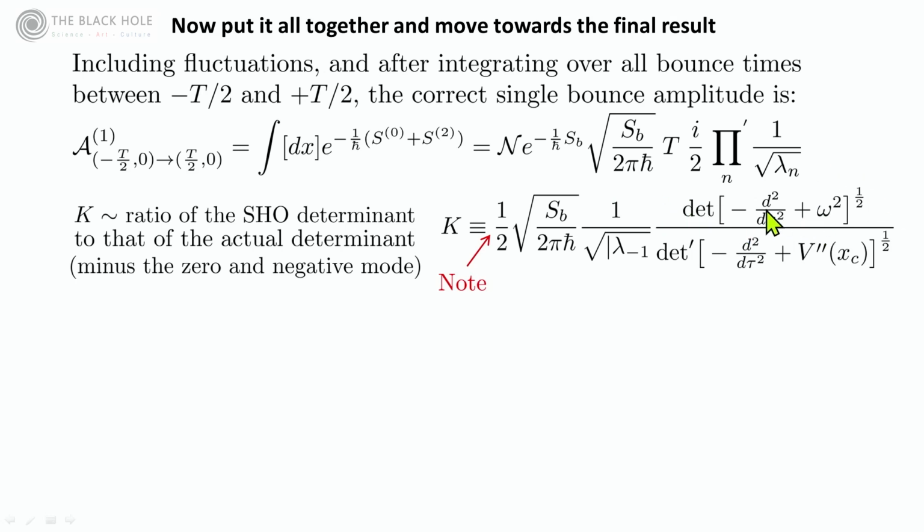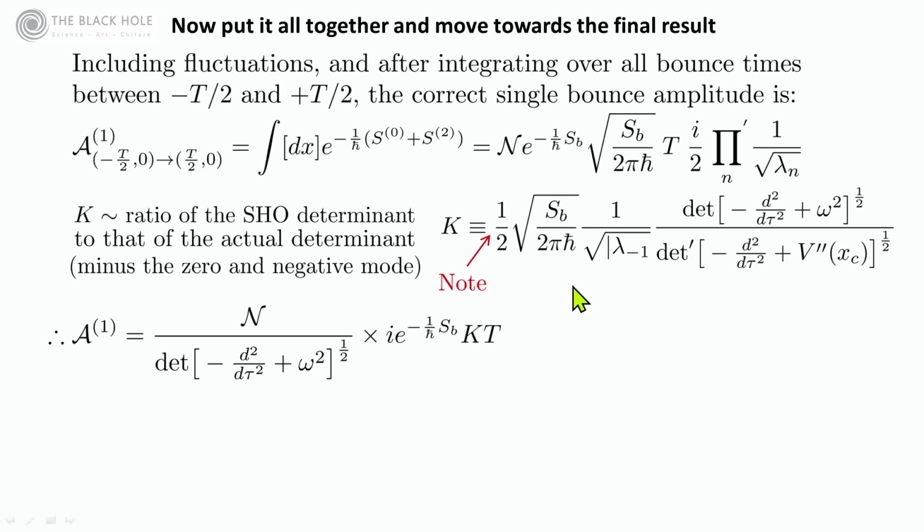So what is this? And this stuff over here? Well, we normalize with the simple harmonic oscillator, and you remember the simple harmonic oscillator is V equals half omega squared x squared. We always take m equal to 1. And so if you differentiate it twice, you get the second derivative as being omega squared. Okay, so everything is exactly the same as before. Here is the single instanton amplitude.